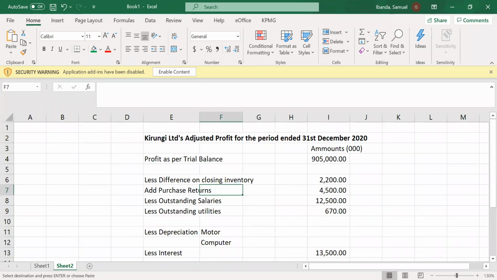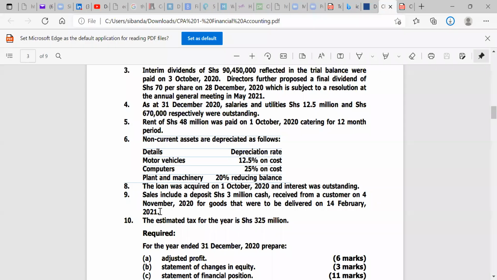And then lastly, when you come to this sale, where they're telling us that sales include the 3 million cash received from a customer on 4th November for goods that were to be delivered on 14th February 2021. And we say that this sale is not related to this financial year, it relates to the next financial year.